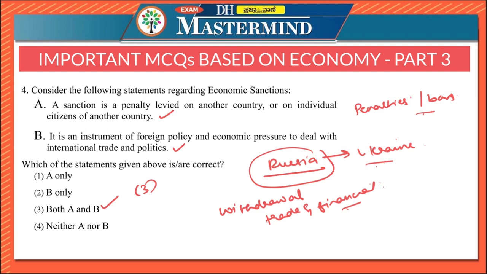In today's foreign policy, trade sanctions are used prominently. It should also be noted that after the Pokhran nuclear test, that is Operation Smiling Buddha, done by India, even India had faced economic sanctions. India had also faced economic sanctions in the aftermath of the Pokhran test.